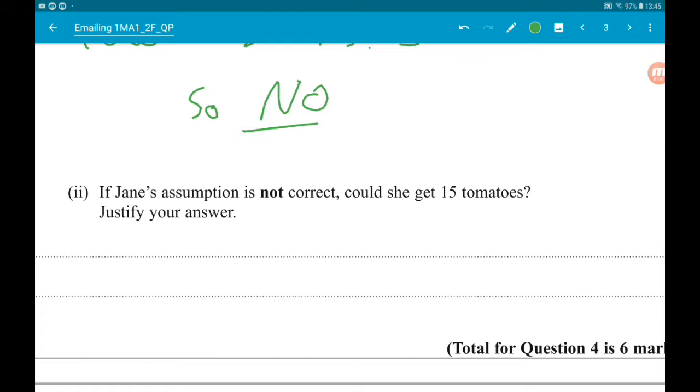If her assumption is not correct, then basically every tomato has a different weight, not just 75 grams, which of course is true in the real world. So she could get 15 tomatoes, yes, and the explanation would be tomatoes can weigh less than 75 grams.